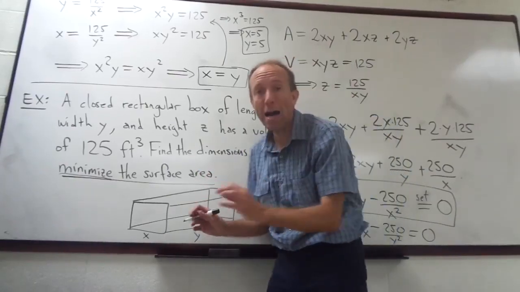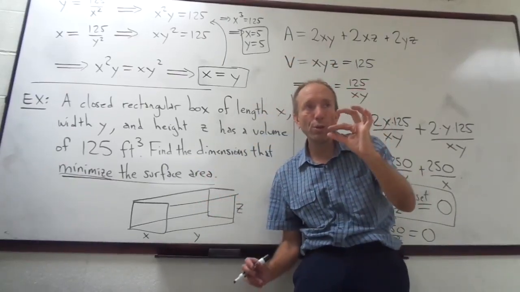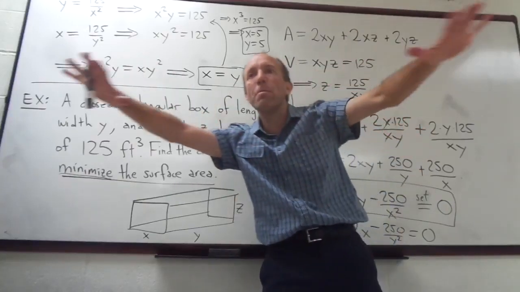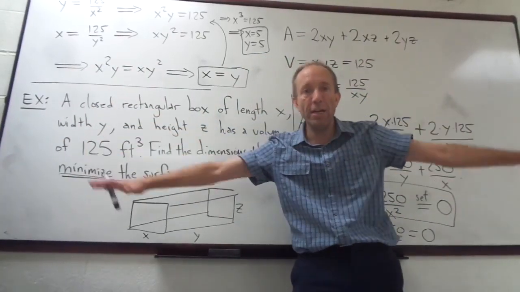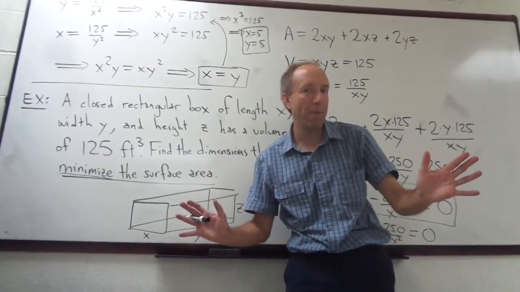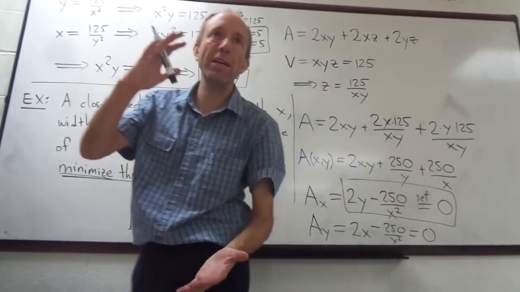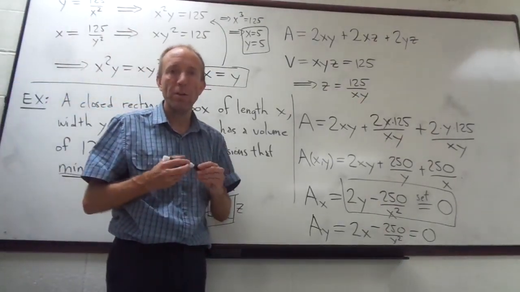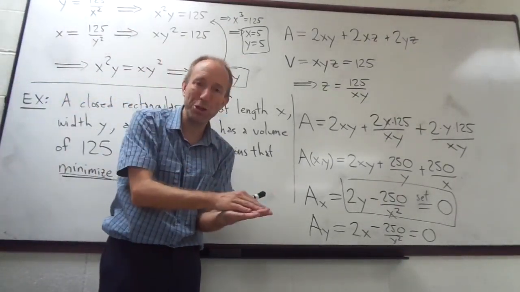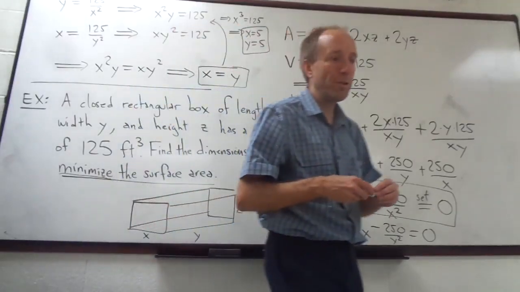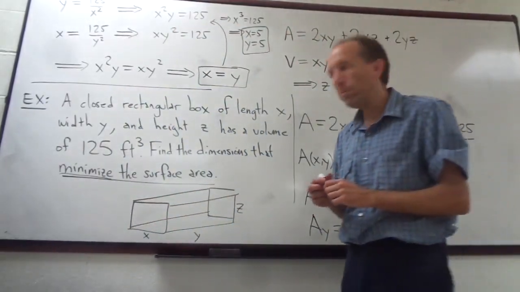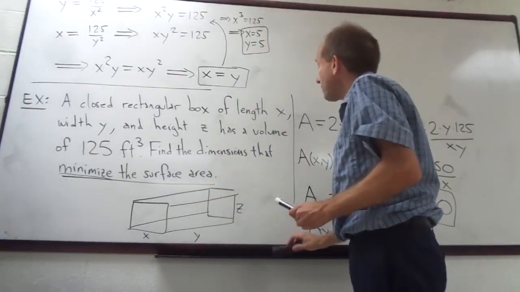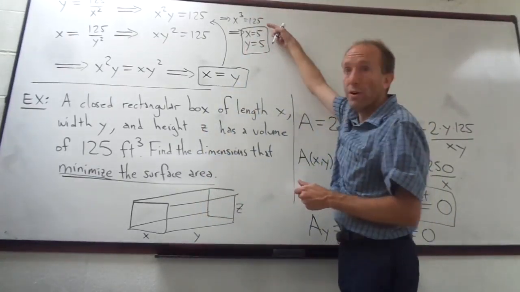I could make a box that was 0.00001 feet high, right, that took up a massive area in terms of the length and the width of that box. So you could make the surface area as big as you wanted if you were making this box really, really short. There is no maximum surface area here. There's only a minimum. Okay, so I know that that has to be my solutions for x and y.